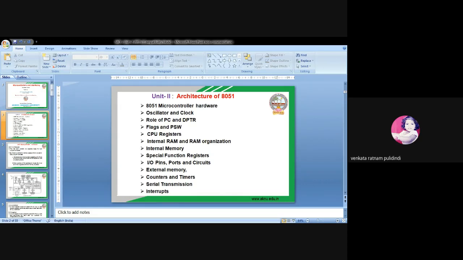What are the elements inside? Already we know the features of 8051 microcontroller, but here we study the internal diagram of the 8051 microcontroller. That is nothing but a study of architecture of 8051 microcontroller. Here the topic is covered in the second unit.